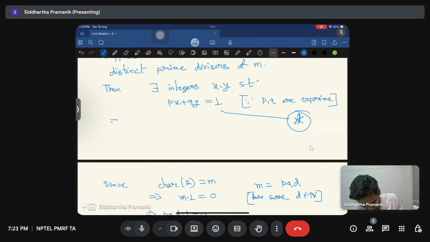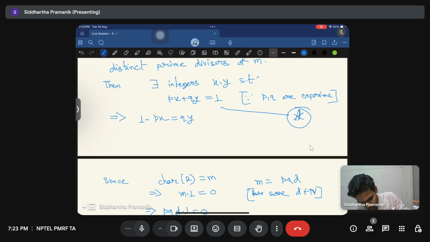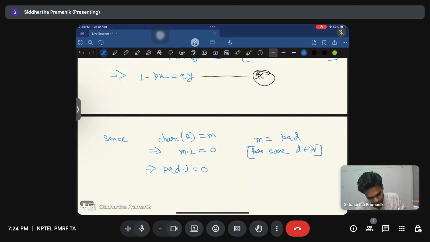So that implies 1 minus px equals qy. And let's put this equation as star.